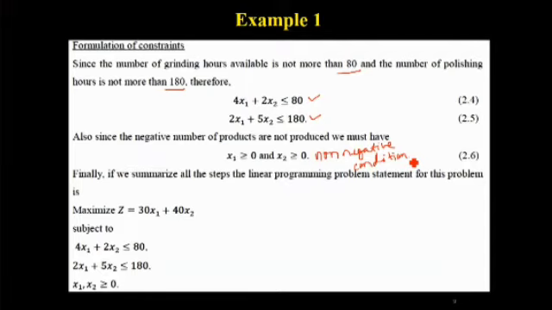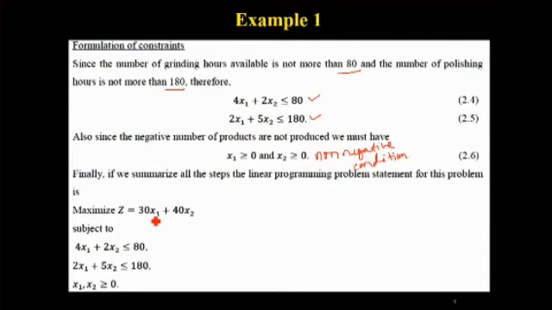Even if you take the number of items, number of persons or things, it cannot be negative. That's why these restrictions will be there: x1 greater than or equal to 0 and x2 greater than or equal to 0.